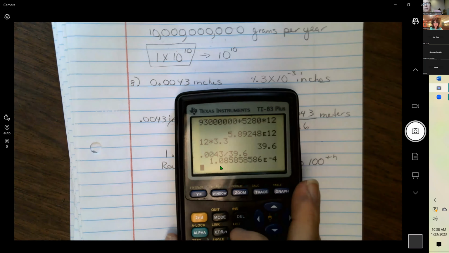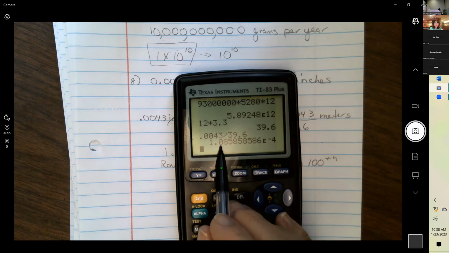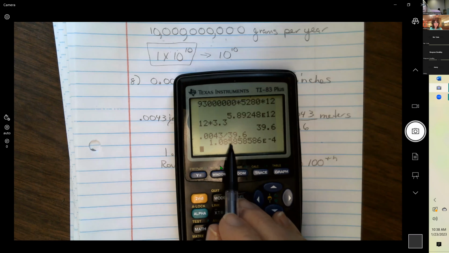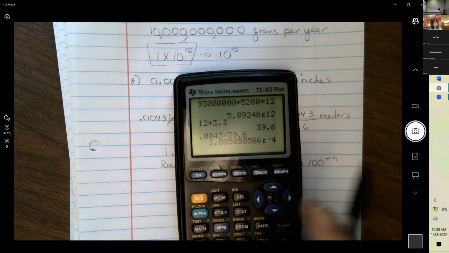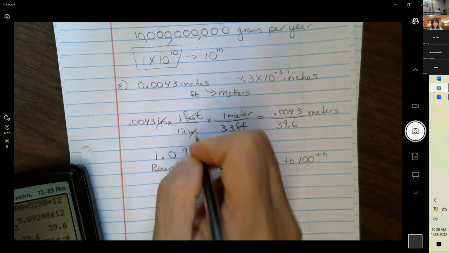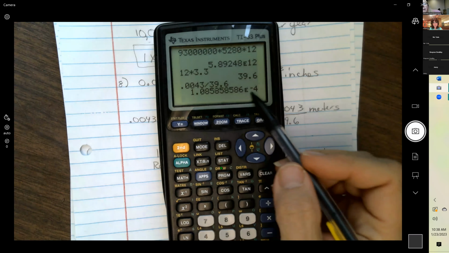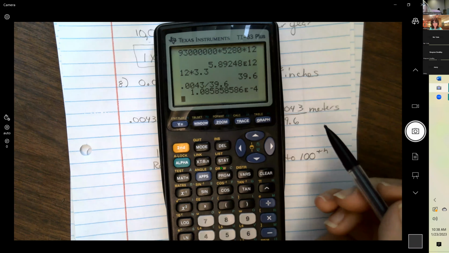So if we look at this, after it's in scientific notation, rounding to the 100th, the first decimal place is the 10th, this 8 is the 100th. That 5 would round this up, so it's 1.09 times, the E is your 10, 10 to the negative 4.